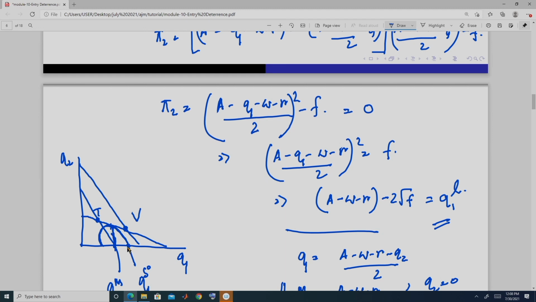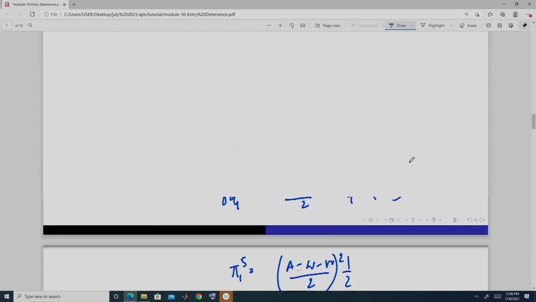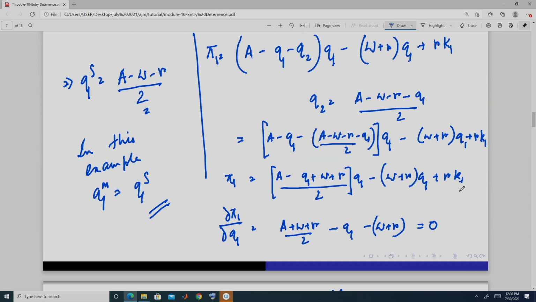Now, how to find out this thing? This we can find out, because here, when I have got this Stackelberg, I have simply taken the Stackelberg profit when we are not taking this capacity into consideration anymore. Okay.